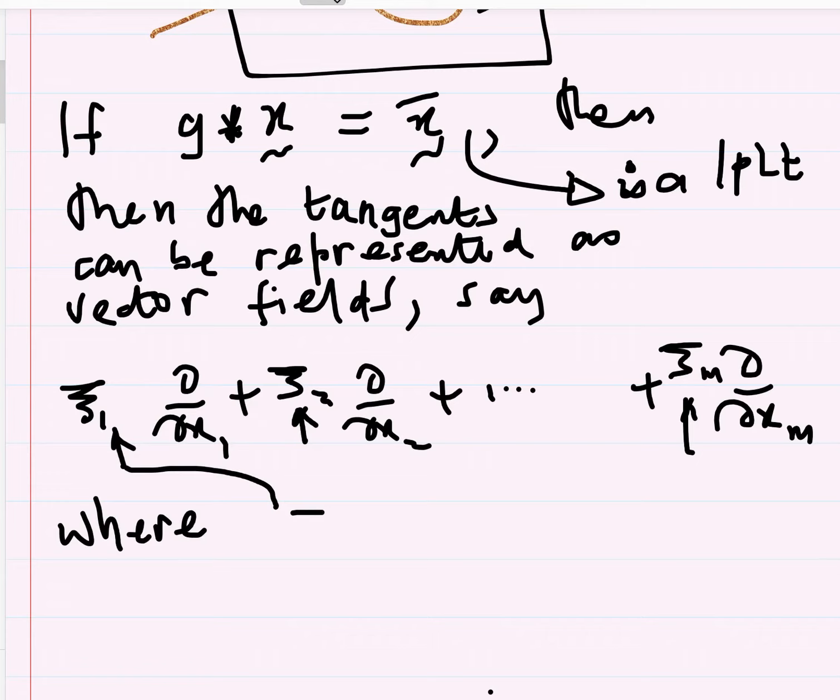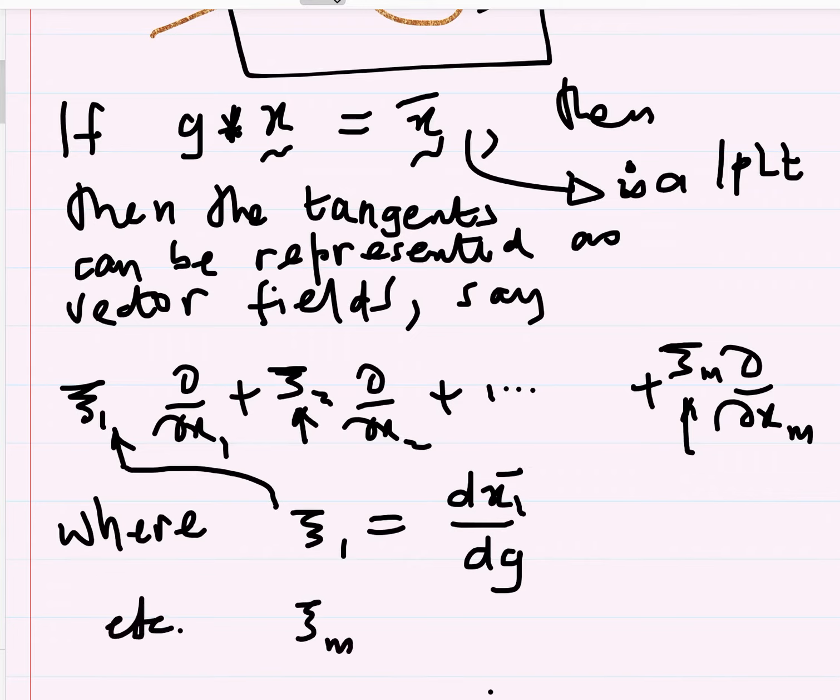So xi1 will be the derivative of x1 bar with respect to the parameter, xi2 will be the derivative of x2 bar with respect to the parameter, etc., until xim is the ordinary derivative of xm bar with respect to g.